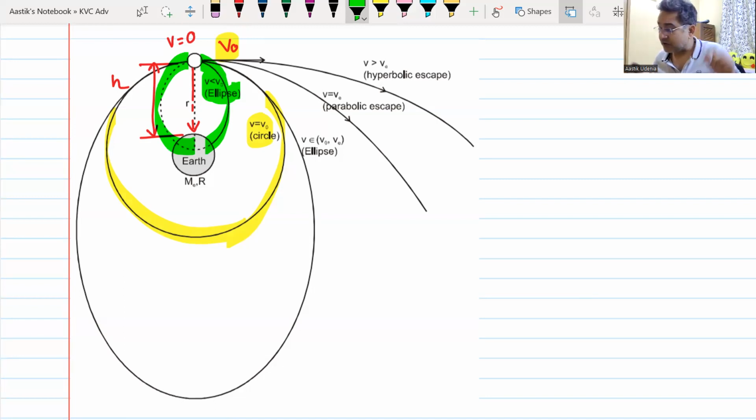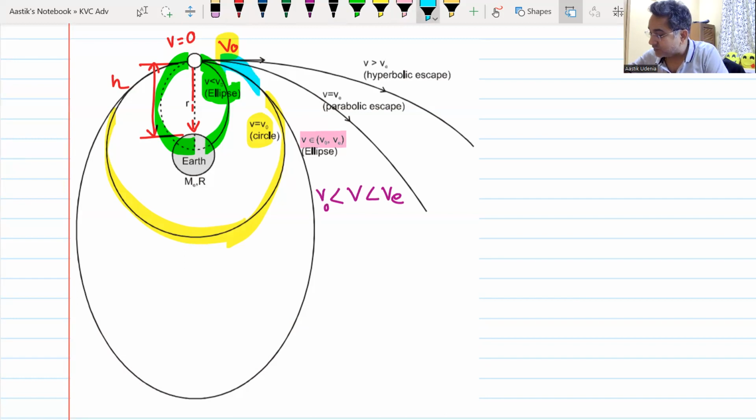What happens if your velocity is more than orbital velocity? This is the pink case. In the pink case, the velocity you give is more than the orbital velocity but less than the escape velocity from that height.